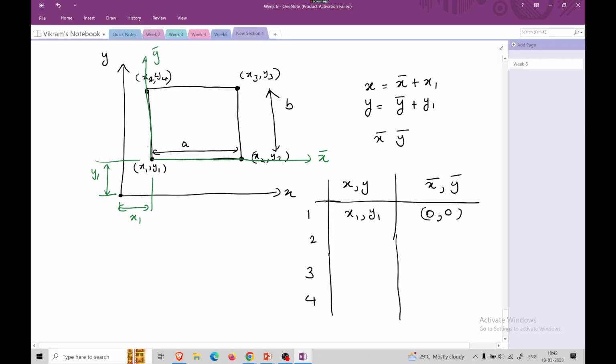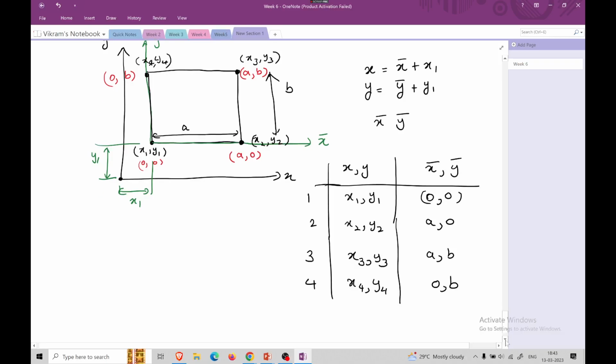This will be a comma 0. This will be 0 comma b, and this will be a comma b in the new coordinate system. I am simply going to write this as a table. x2 comma y2 is going to be a comma 0, x3 comma y3 is going to be a comma b, x4 comma y4 is going to be 0 comma b. So this is my table of coordinate mapping from xy to x bar y bar.